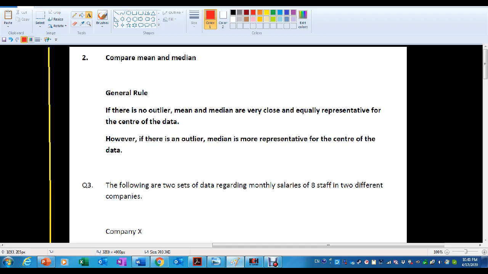So remember this: if there is no outlier, the mean and median are equally good for representing central tendency. However, if there is an outlier, we need to use the median. That would be the general rule.